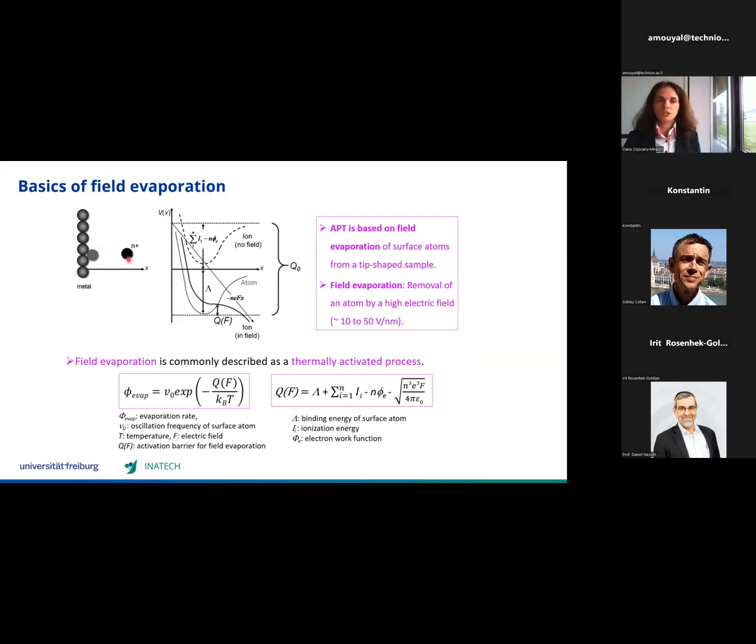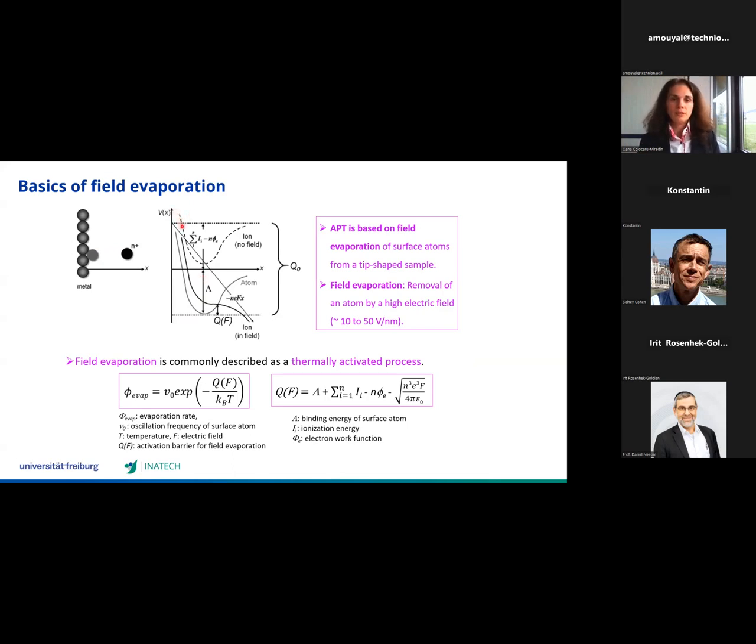So how does the potential diagram look? Basically, we have here the potential curve for the atom in gray, and we see that we have a huge barrier. If we would extract an atom, we need to overcome this huge barrier to extract an atom from the surface of the metal, and physically, it's almost impossible.